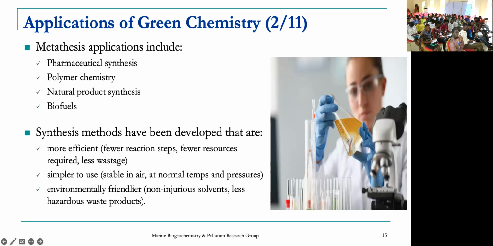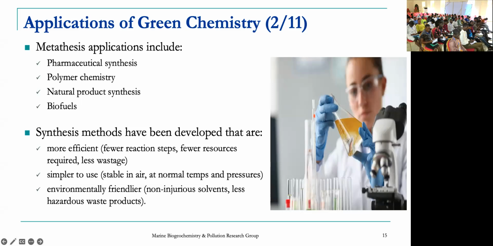Here, this was utilized in the synthesis of drug molecules, offering efficient and atom economical routes to complex pharmaceutical compounds. In polymer chemistry, it was utilized for the creation of advanced materials with controlled structures and properties, leading to novel applications in industries.